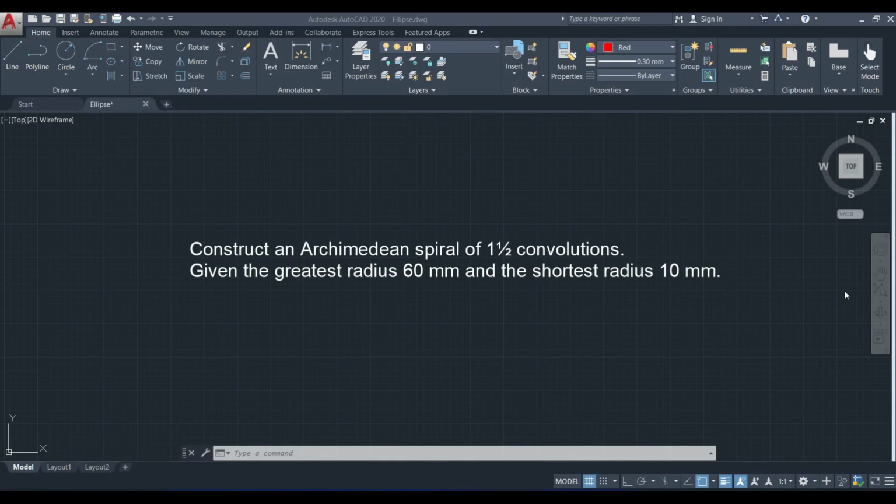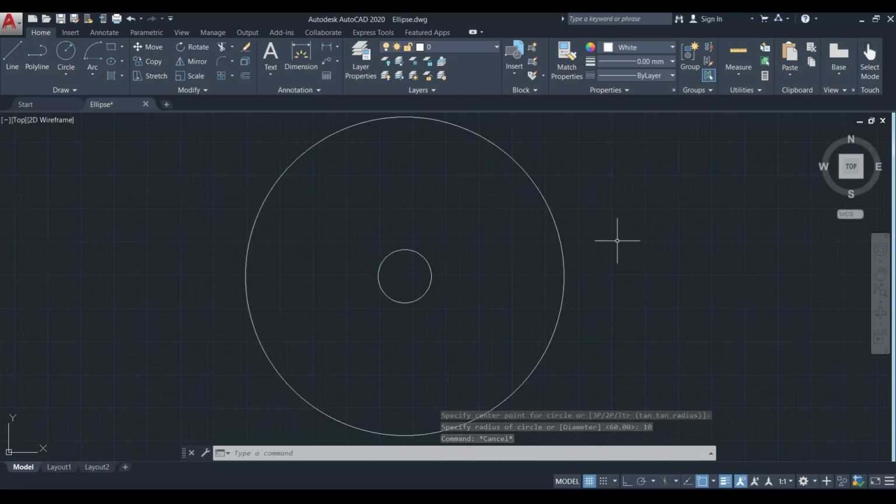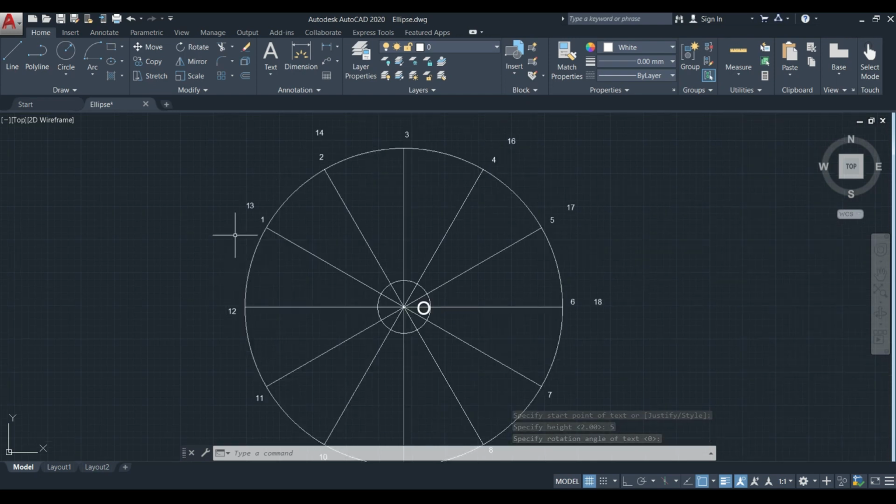First step is to draw two different circles of 60 mm and 10 mm radius concentric to each other like this. Now second step is to divide the circle into 12 equal parts. So this step is common for any kind of Archimedean spiral. Here you can see there are 18 parts on the circles.